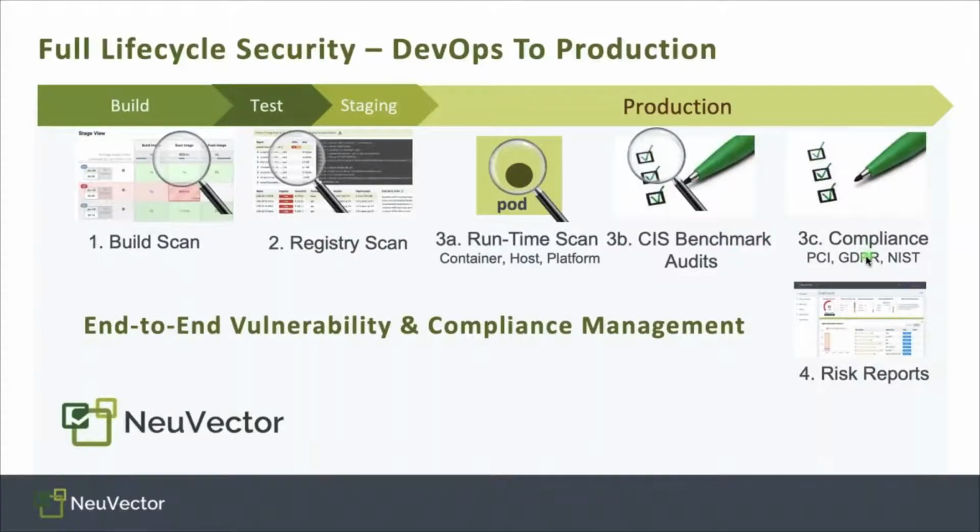Also, it's critical to be able to do compliance reporting and compliance management, perhaps even automated segmentation that some of these industry compliance requirements provide. And finally, risk reporting is critical to really manage the entire end-to-end vulnerability process.